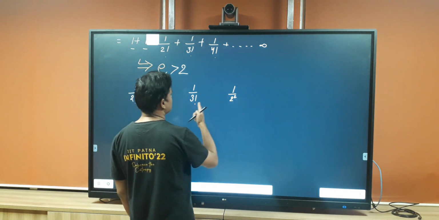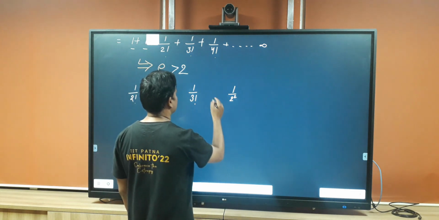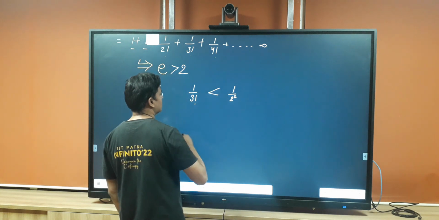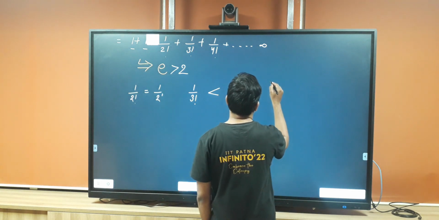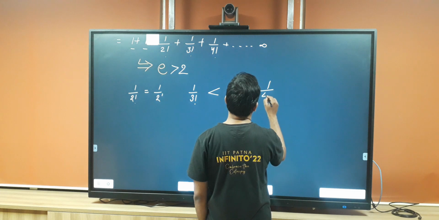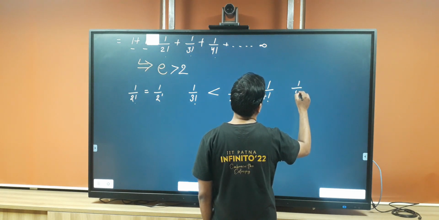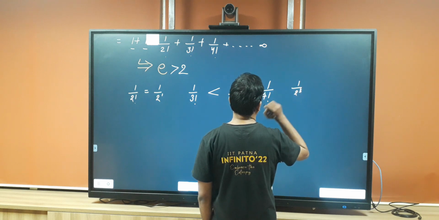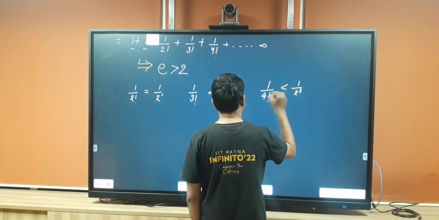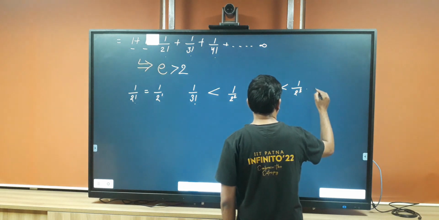This is 1 upon 6 and this is 1 upon 4, that means this is greater. Now, if I write 1 upon 4 factorial and 1 upon 2 power 3, which will be greater? This is greater. Similarly, it will go on.